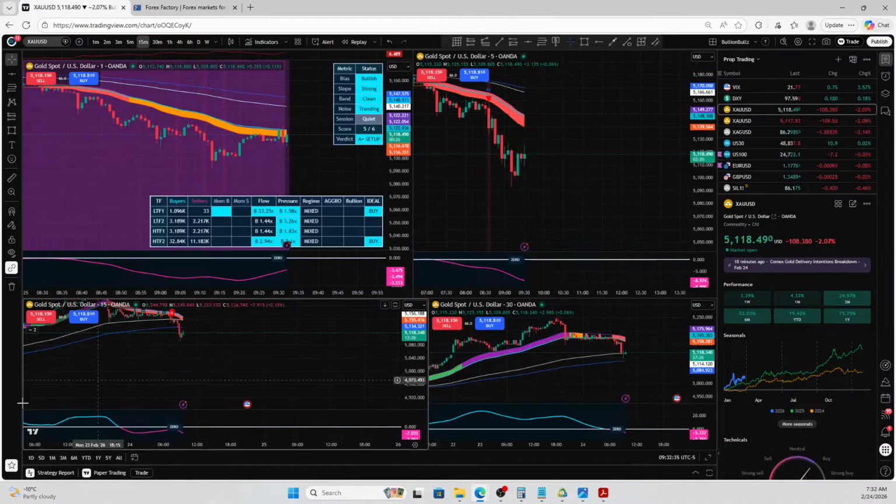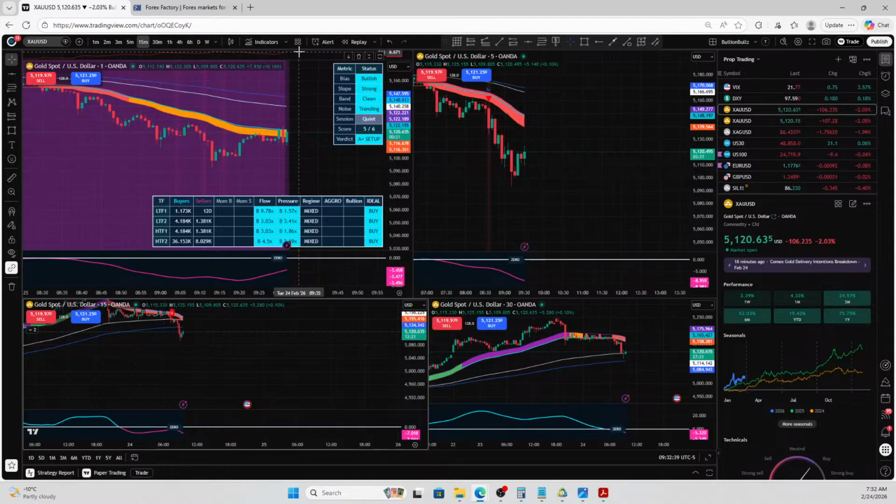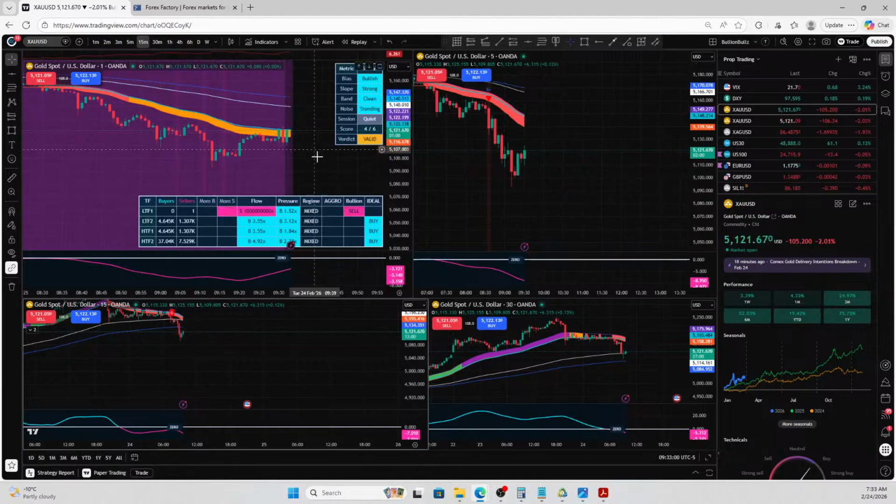Also, if you look at the overall volatility, it's pretty high right now. Our average true range for right now is 6.72. So remember, when this happens, you want to risk less in the market. The higher this number is, the less you risk in the market.